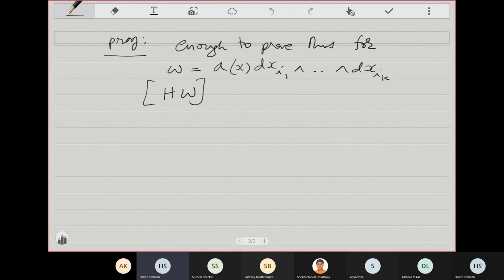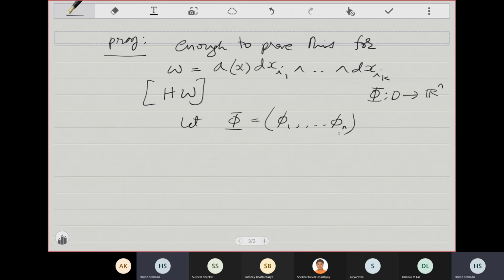And now let us see what it is that we want once we have omega of this type. So let's denote as usual the components of phi by phi1, ..., phi n. Remember, phi is going from a k simplex or a k cube in Rk to Rn.